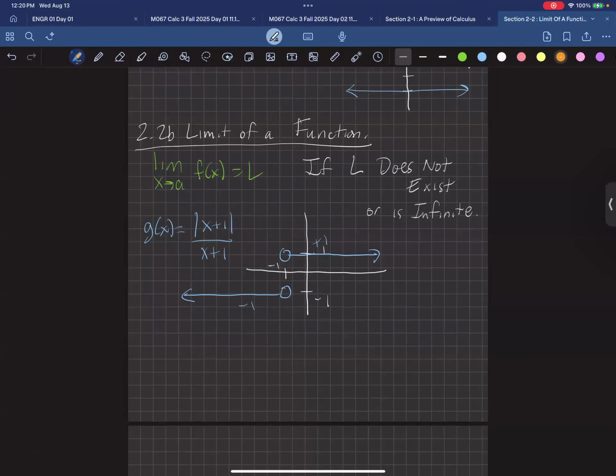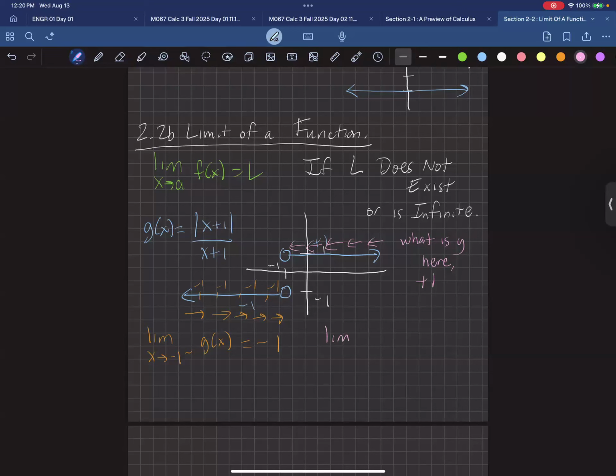So if I look at the limit as x approaches -1 from the left on g of x, I'm looking at what is my y value as I get closer and closer. Here the y value is -1. The limit from the left is -1. If I approach from the right, the y value is +1 the whole way.